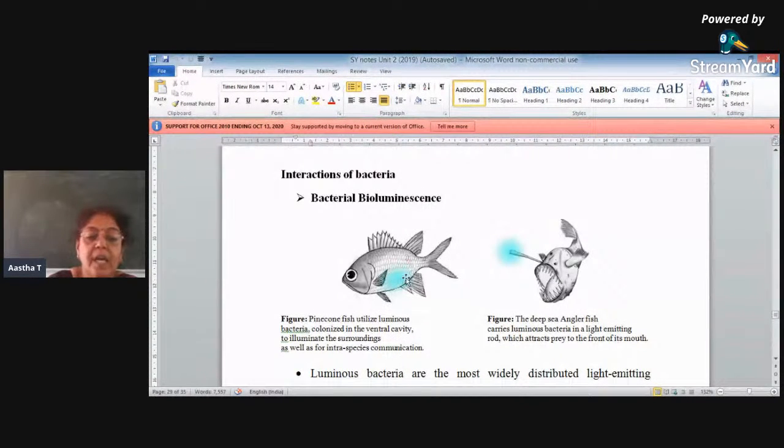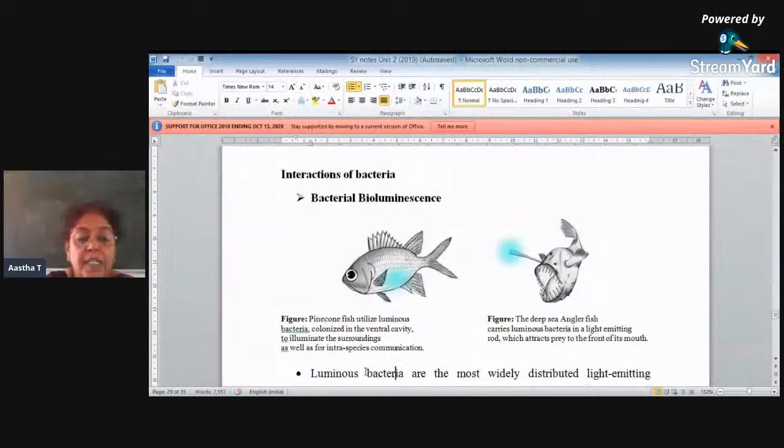This ventral part of the pincone fish shows this type of illumination. This illumination helps to spread light in the surrounding area because these fish are found in water where it is very dark. Sunlight cannot reach the depth of the sea.